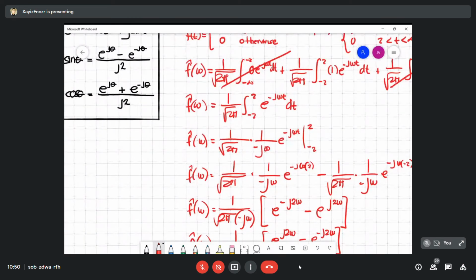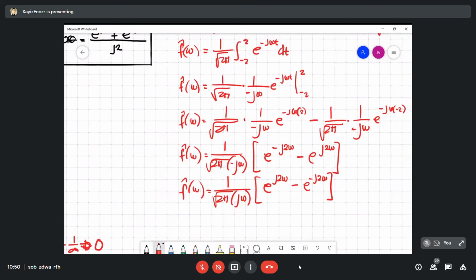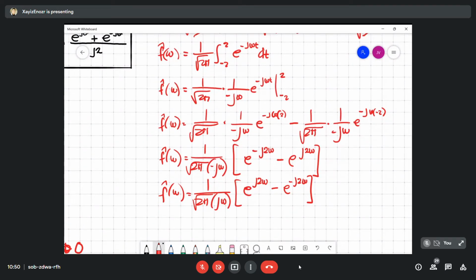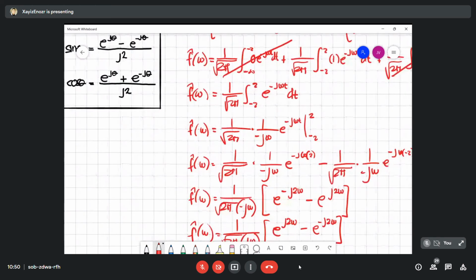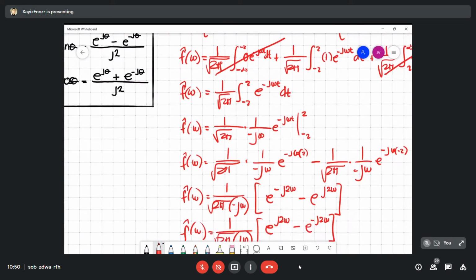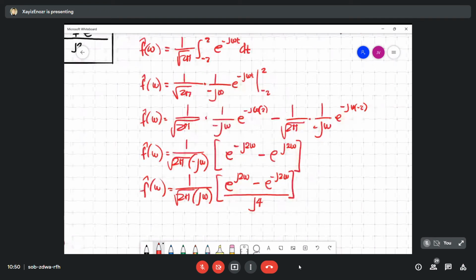But meron siyang denominator na j2. Okay. Paano siya magkakaroon? Dapat ang denominator mo is twice nung imaginary. So therefore, kung ang imaginary dito is j2, dapat meron dito j4. Okay?